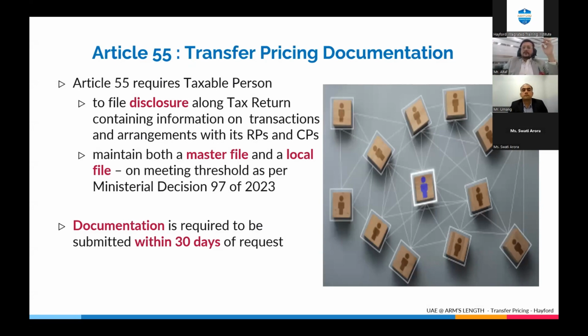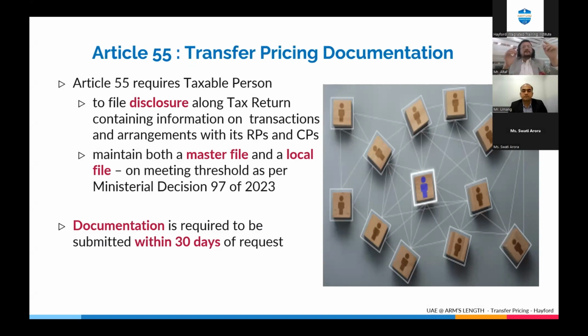So now coming to Article 55, I think I've overtaken my time, but anyway, I'll be a bit quicker. For this transfer pricing documentation, what needs to be done under the UAE corporate tax law? Entities may be required to file a transfer pricing disclosure form, which will be submitted together with the return.